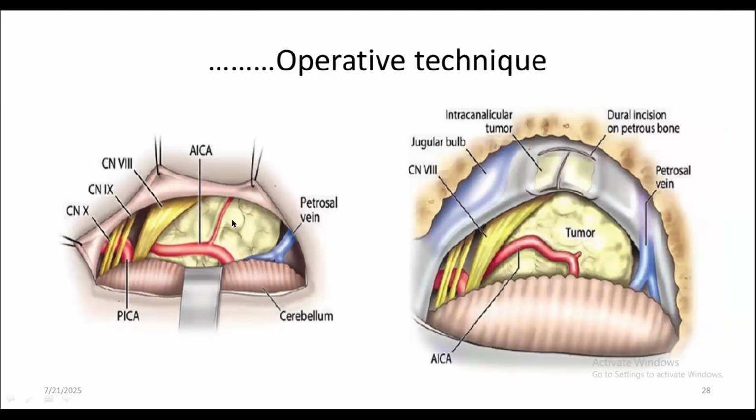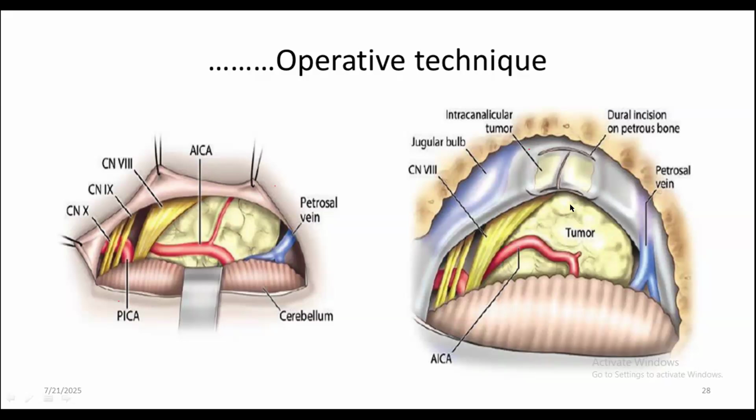This showed the tumor that originates from the vestibulocochlear nerve, and over it is the anterior inferior cerebellar artery. And here is depicting the intracanalicular part of the tumor after dural incision over the petrous bone.